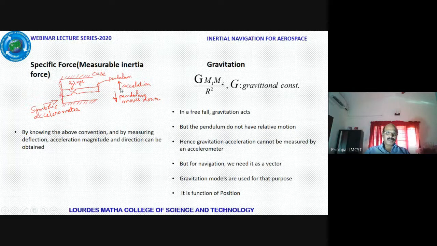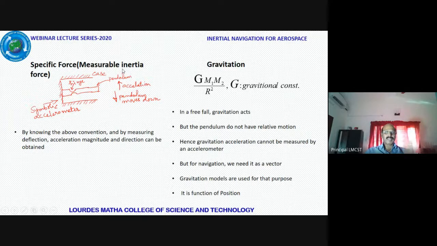And so if the acceleration is coming in this direction, the real motion of the pendulum is going to be downward. So for the purpose of mechanizing measurement, we need to put a sense of direction, to say whether my output is positive, negative or zero. So I will mechanize it such that if the pendulum moves down in this direction, I will take my positive acceleration in this direction.